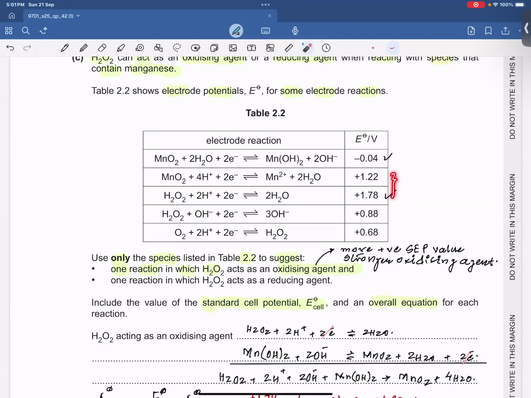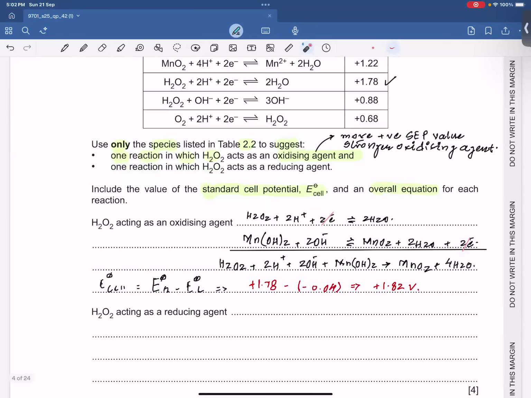The cell potential between these two half cells is going to be relatively lesser as compared to these two half cells. So when we determine the E naught cell value between these two half cells, you'll get more E naught cell value. And when we use these two equations, I'll get a lesser value. So we need to consider those equations which will give you more E naught cell rather than the lower E naught cell, which is why I'll use the first and third equation to get the answer.